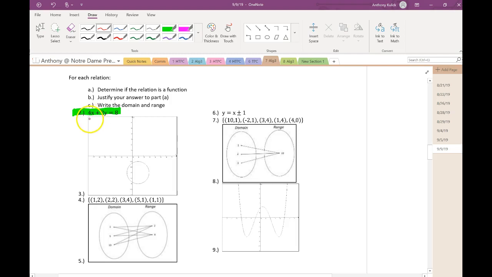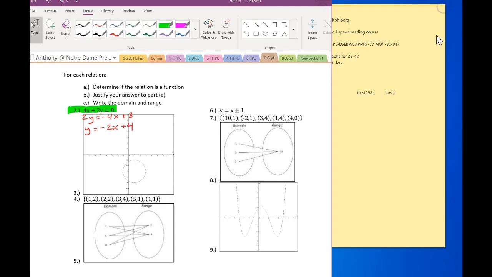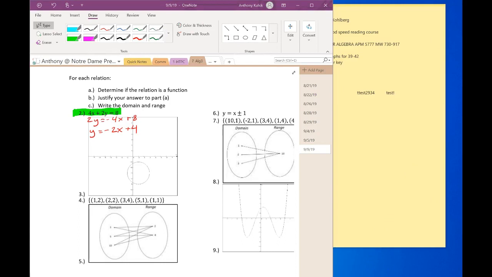So I could subtract 4x from both sides and then divide both sides by 2. And now I'm given something that looks like y equals mx plus b, and I should be sure that this is a function because it's the equation of a line, right?